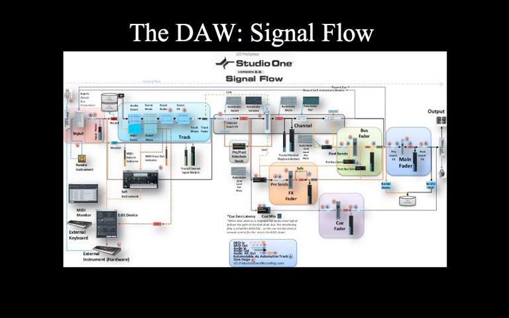There are tracks. There are channels. There are faders. There are buses. So there's lots and lots of phases. There are a lot of stopping points. There are a lot of sections here. This is a very complex, complicated system.